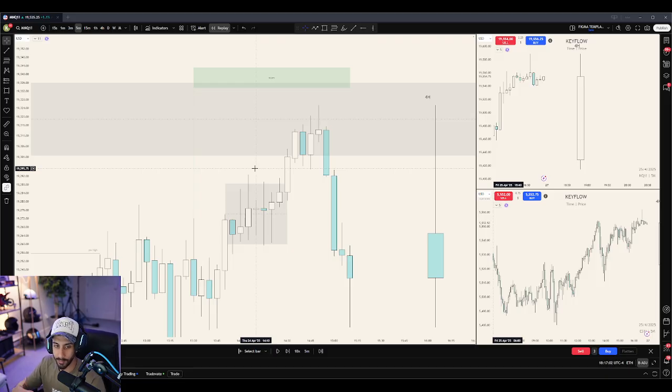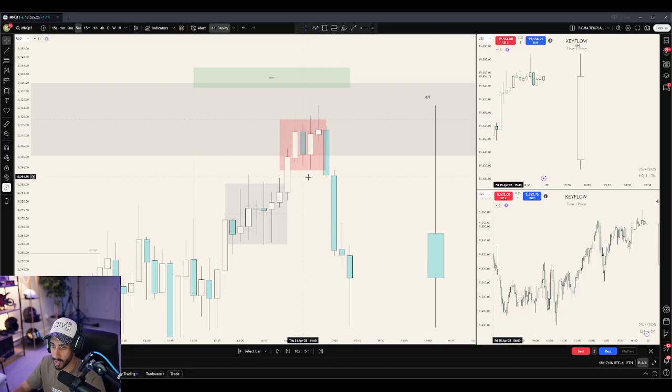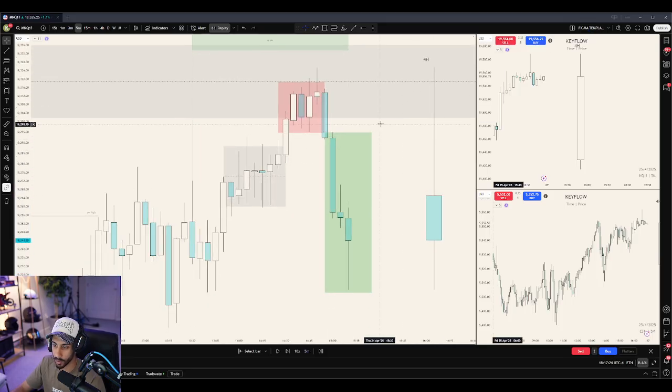And this theory doesn't really require much context, but over here for this specific trade, obviously, we had some good context, okay? This is going to be our manipulation leg right here, right? Obviously, being the fact that this manipulated into where we wanted it to go, which was the CE. And this would effectively be our distribution leg, right?